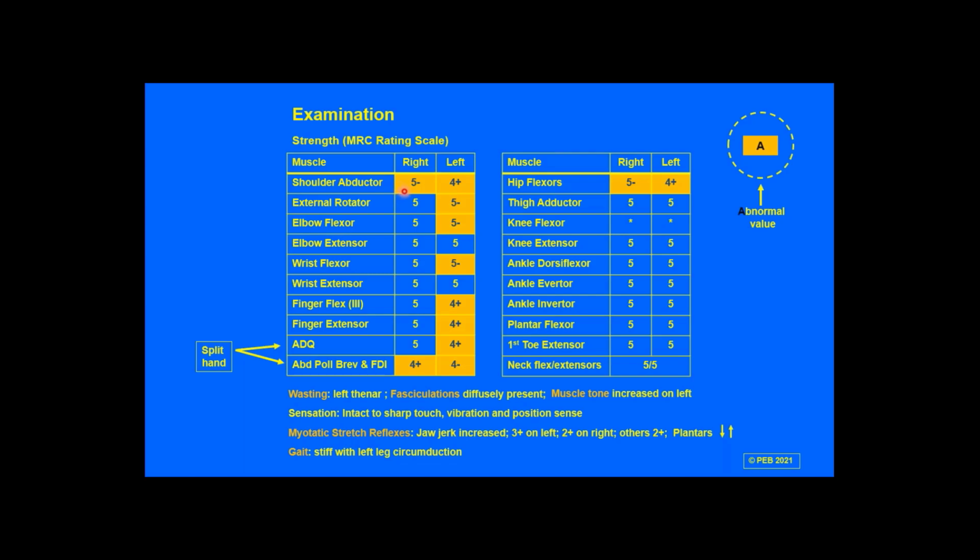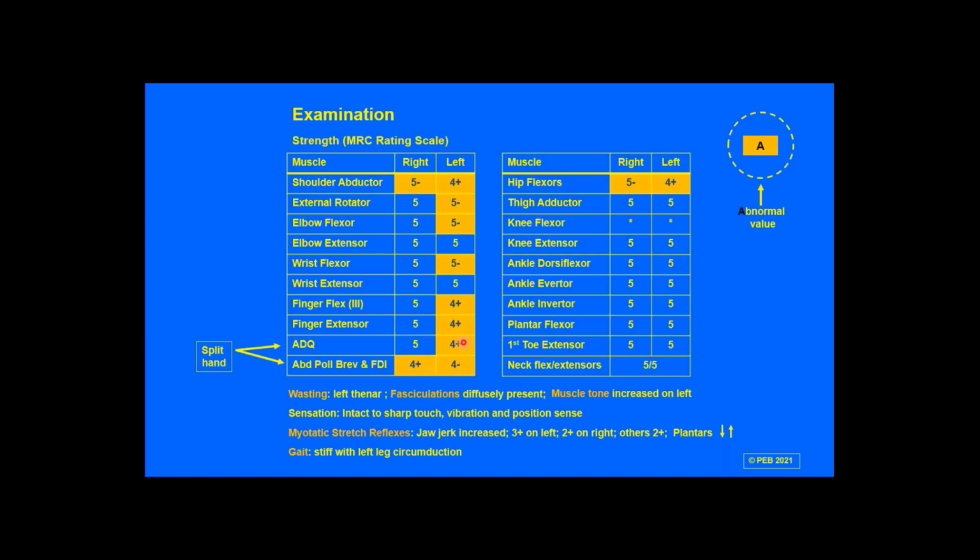So he has a little weakness in the right shoulder abductor and greater in the left, a little weakness in the external rotator and elbow flexors, wrist flexors, finger flexors, finger extensors, and in the abductor digiti quinti in the hand, which is supplied by the ulnar nerve. And notice here the abductor pollicis brevis is considerably weaker, and it's a little weak on the right.